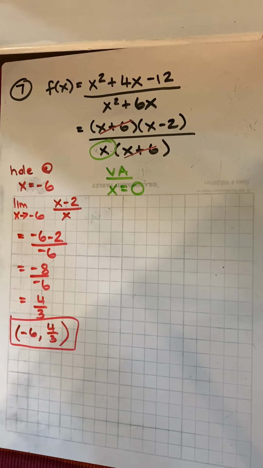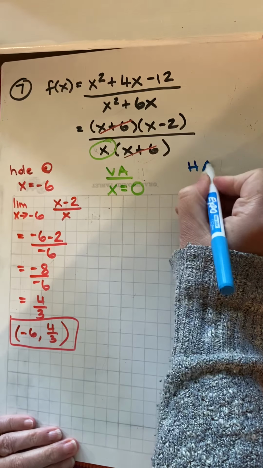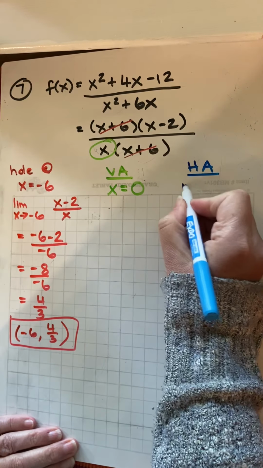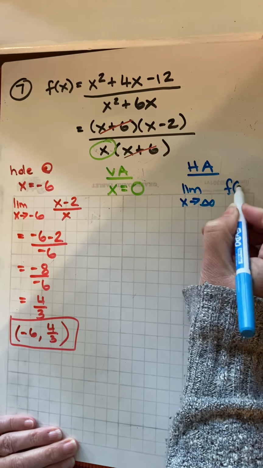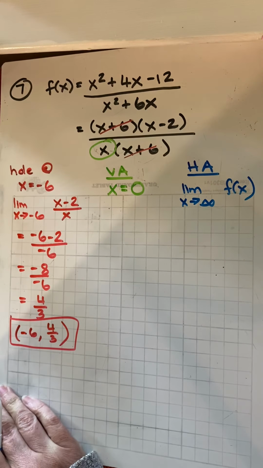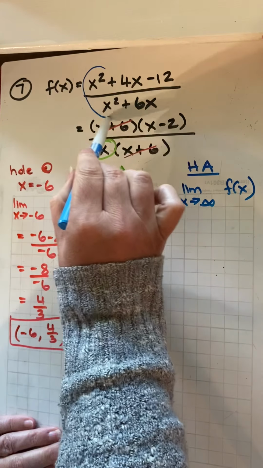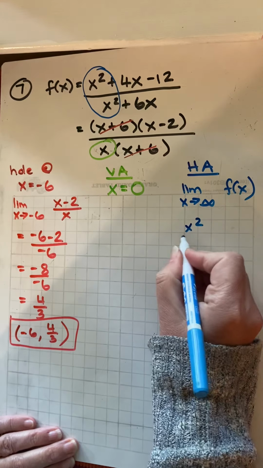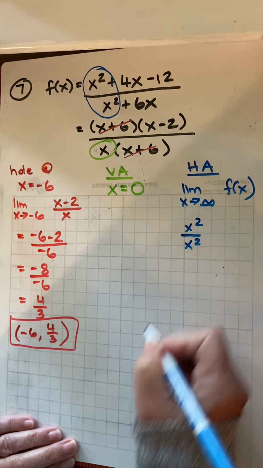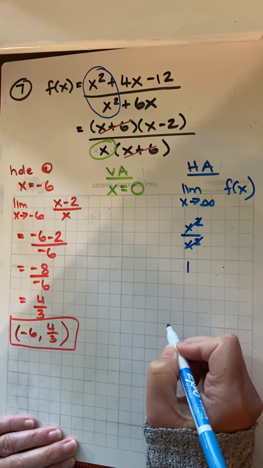And then you want to look for your horizontal asymptote. When you're looking for a horizontal asymptote, you're looking for the limit of the function as x goes towards infinity. The easiest way to do that is to actually look back at the original form, and you're going to just look at your first two terms, and you have an x squared over x squared. Those would cancel and they would equal 1.